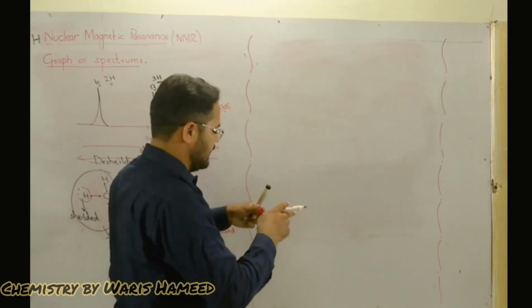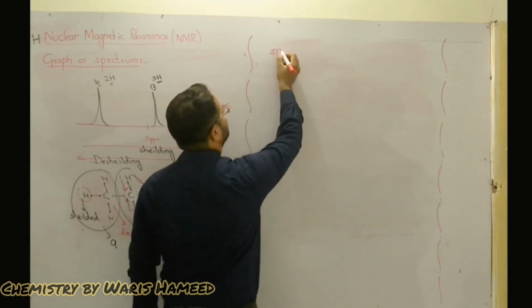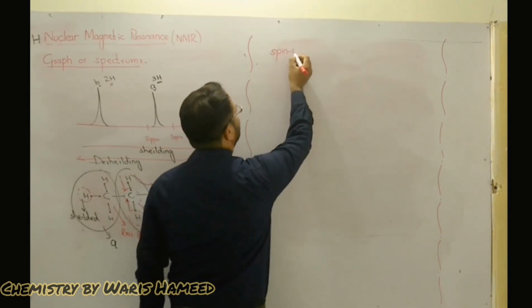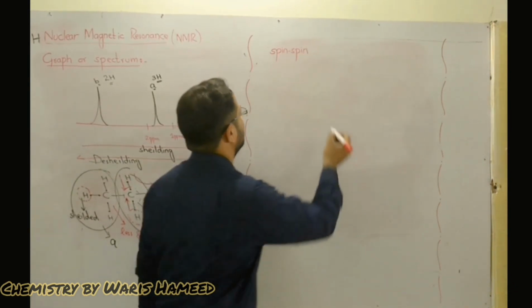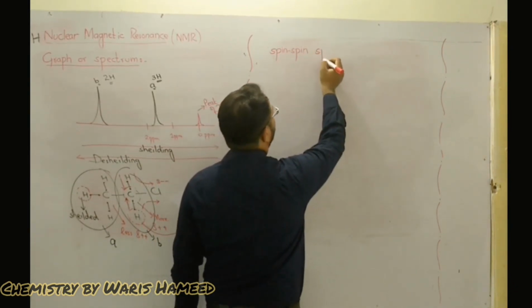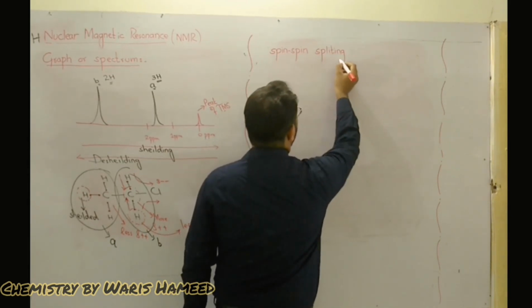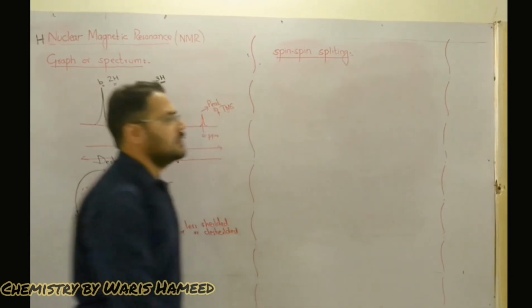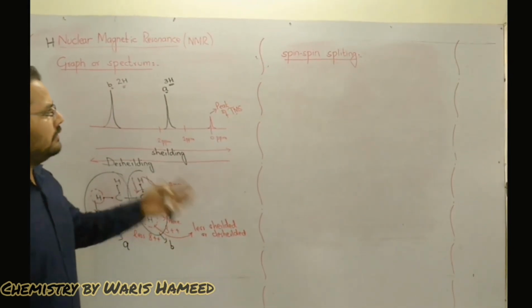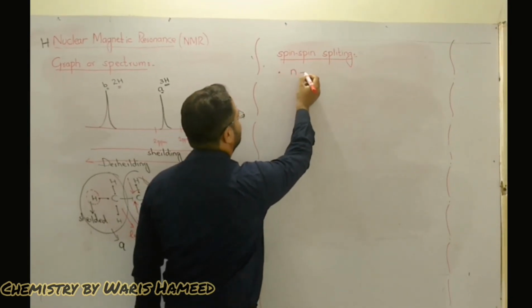I term it spin-spin coupling or splitting. The splitting is done by the formula n plus 1.